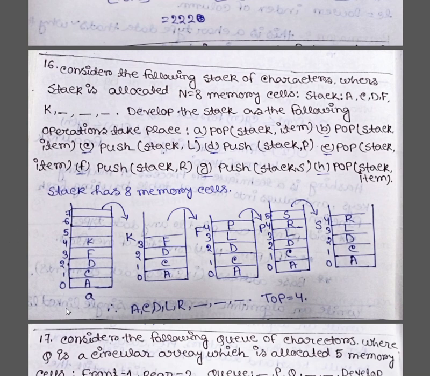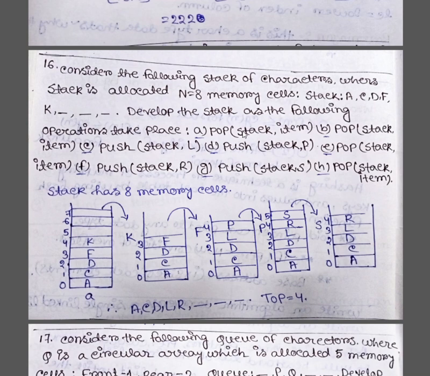So this is our stack, where N is equal to 8 memory cells. A, C, D, F, K are present, and of these 8 cells, 3 are void.